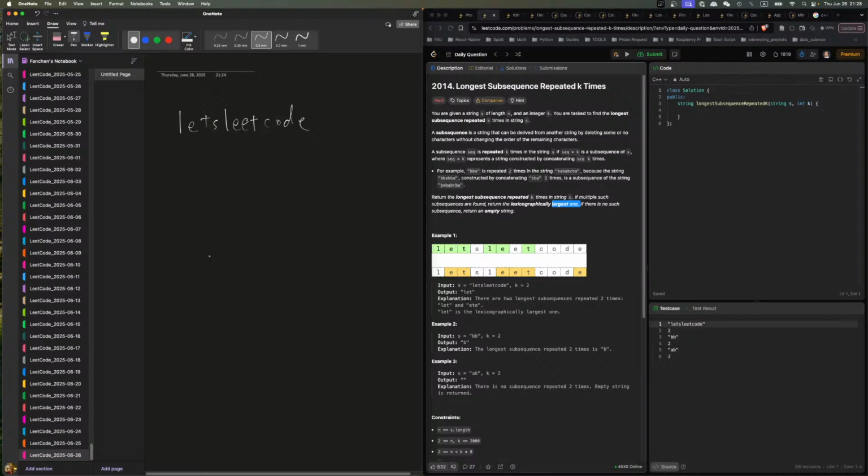K subarrays. So hold on, let me try this. So let's say we have LET and LET. Right, the longest will be TT. It's such a good test case.